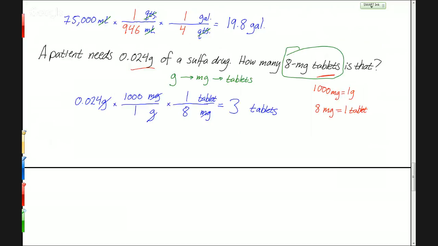You may have thought, okay, 0.024 grams, that's 24 milligrams because milligrams are the first 3 decimal places. And 8 milligrams in 24 divided by 8 is 3. If you did something like that, because you're just used to working with this, that's fine. And that will serve you well most of the time. But sometimes the problems will get complicated enough that you will want to set up this kind of a thing, canceling out your units as you go to make sure that you've accounted for everything.